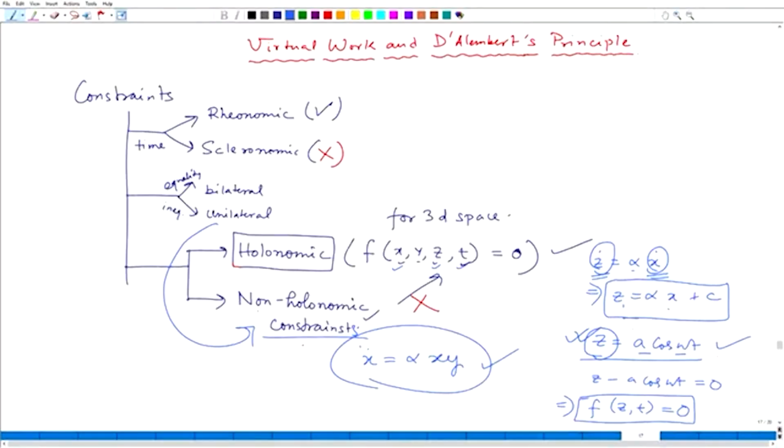If you know the law of how the position coordinate changes as a function of time, then for example in this case, if I tell you t, since a and omega are constant for one motion, you can calculate z immediately. So, z is again not an independent coordinate. In that way this is also reducing the position variable by 1.